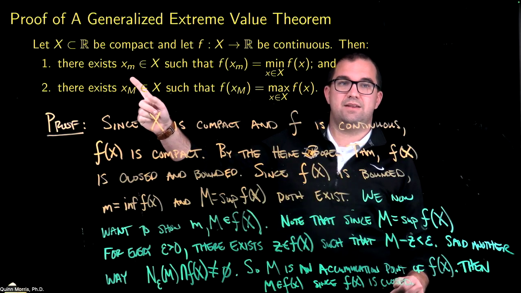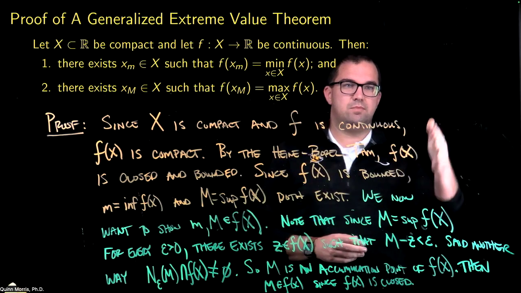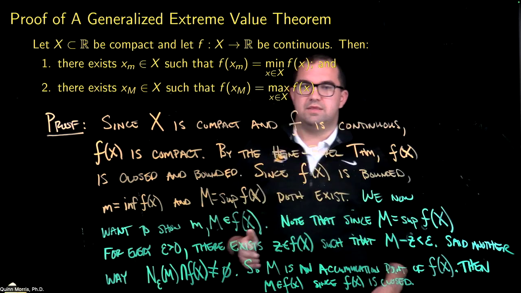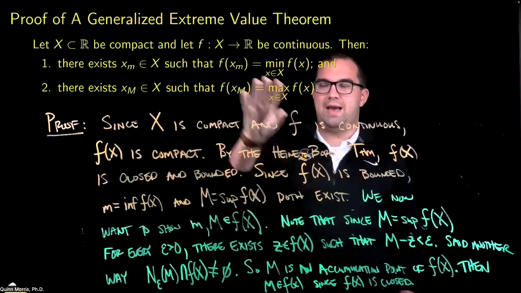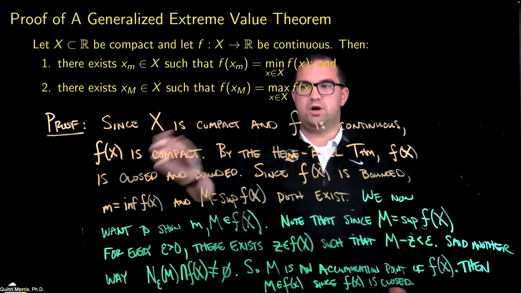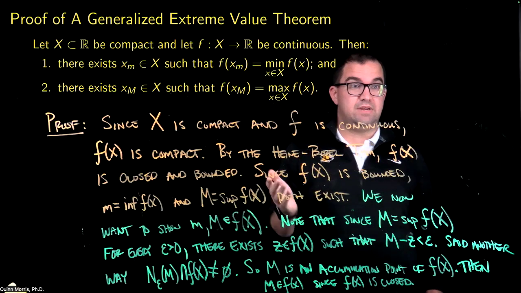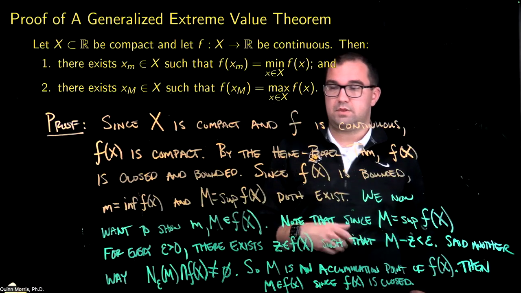You can do something identical for x sub little m, but again, you're just using an infimum instead of a supremum. Okay, so again, to review, the idea is you have this compact subset of your domain, you map it via f, that gives you a compact set. Because it's compact, it's closed and bounded. The boundedness gives you the existence of an infimum and a supremum.